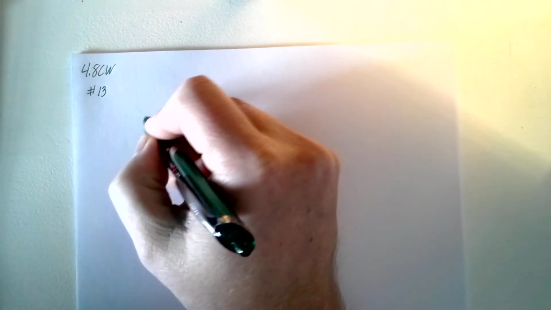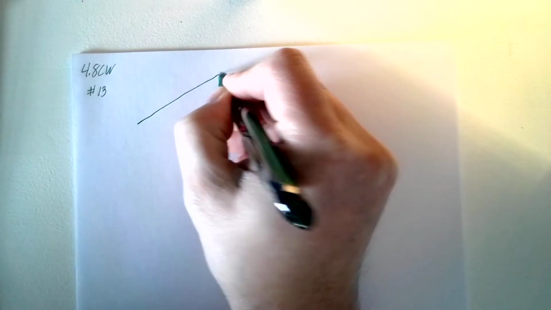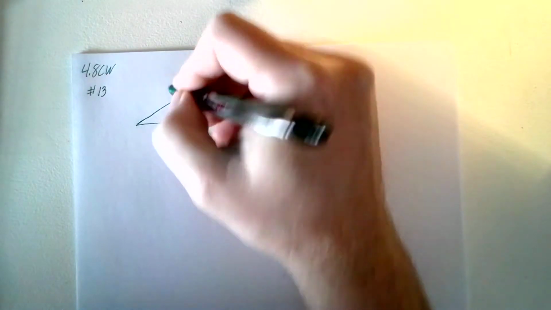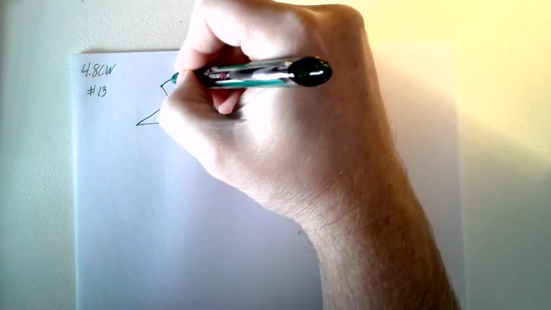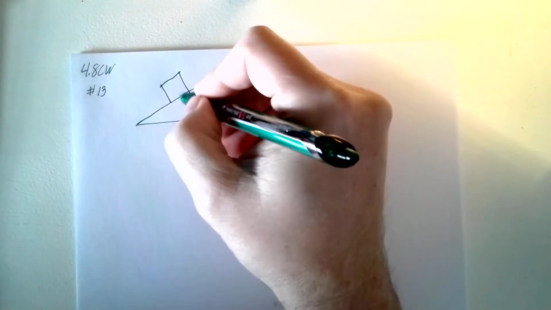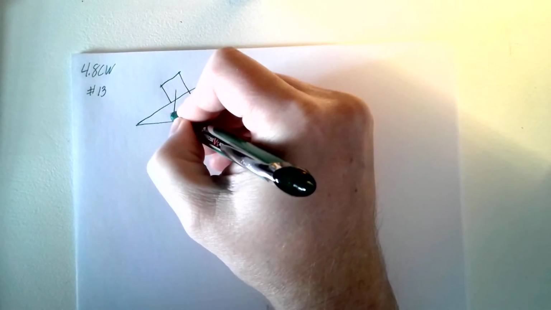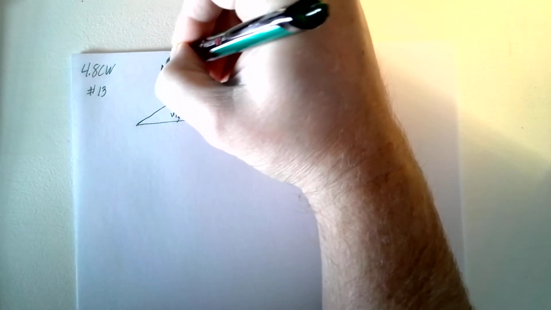Alright, so free body diagram first. I'm going to draw it this way this time. Alright, this is our sled. FG always straight down. FN perpendicular to the surface.